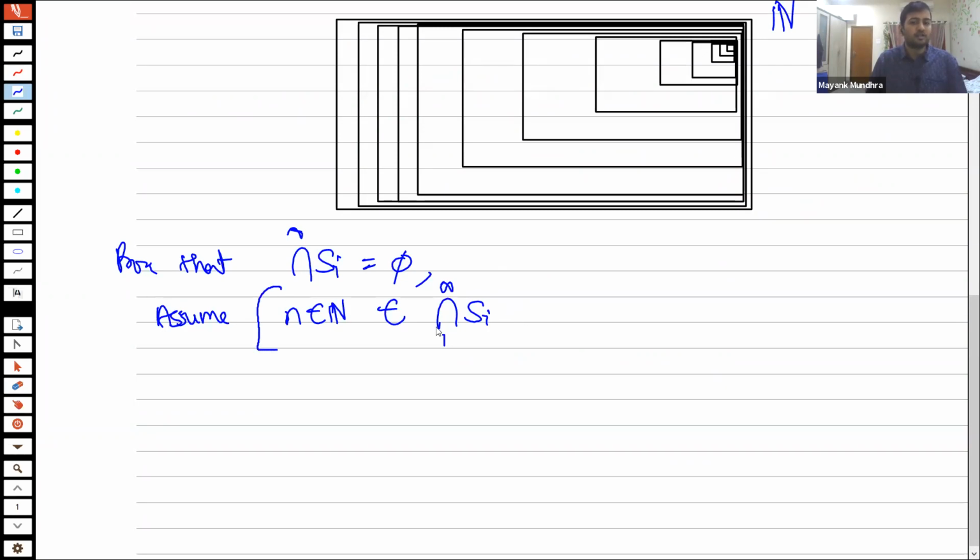Then you show that it is not possible, so you arrive at a contradiction. Remember in the first class we talked about types of proofs, and we did proofs using contradiction. This will be one such proof wherein you find a contradiction.